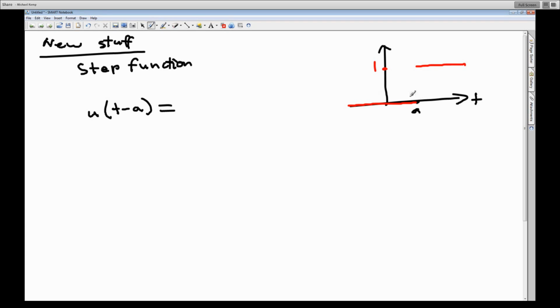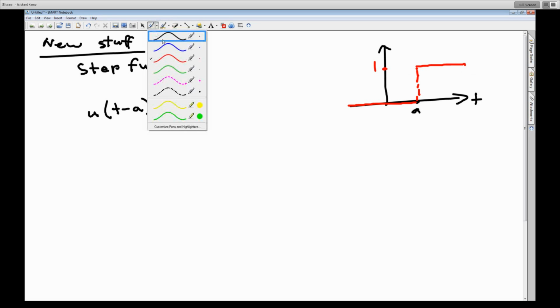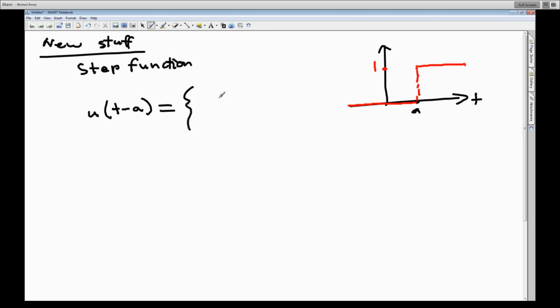So it steps up, or jumps up, at a, and the size of the jump is 1, so to speak. So it's 0 if t is less than a, 1 if t is greater than a.